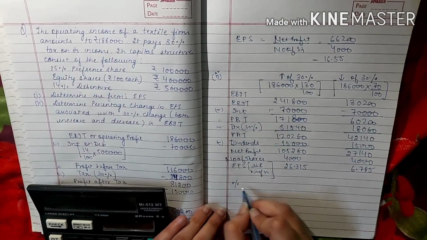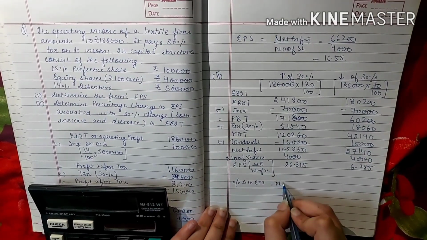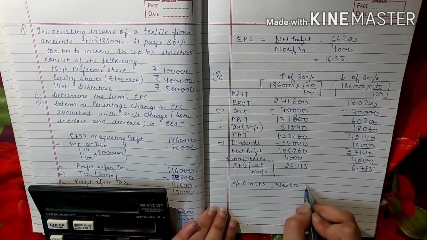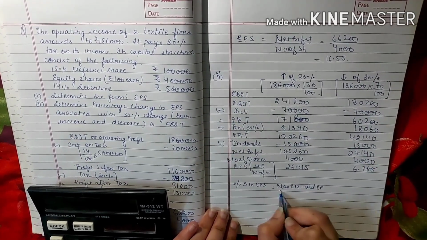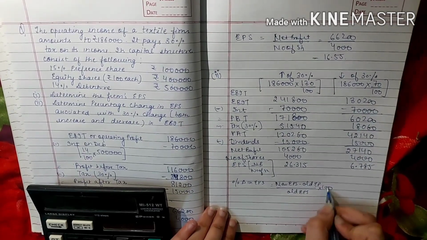Now you have to determine the percentage change in EPS. So percentage change in EPS will be new EPS minus old EPS upon old EPS into 100.